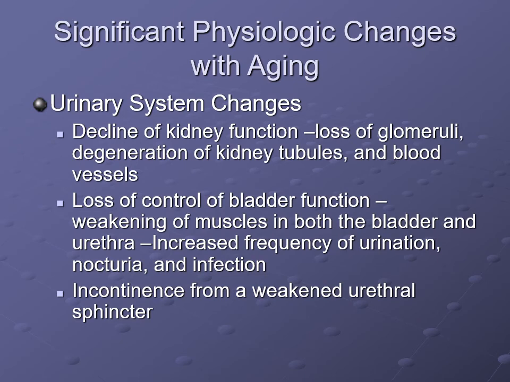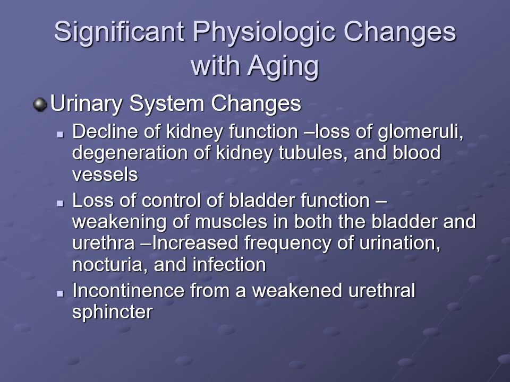Urinary system changes. Decline of kidney function due to a loss of glomeruli, degeneration of kidney tubules, and blood vessels. Drugs are not metabolized effectively, so you have to be careful with the elderly. Dosages may be impacted, how much you could actually give somebody of certain things.